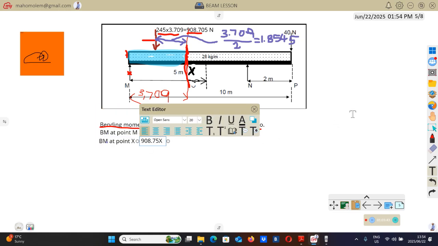So the distance from x to that force will be 3.709, minus that downward force, total force is 108.705, multiplied by the distance from that red line, x, to that brown force. That distance will be half of 3.709, which is 1.854.